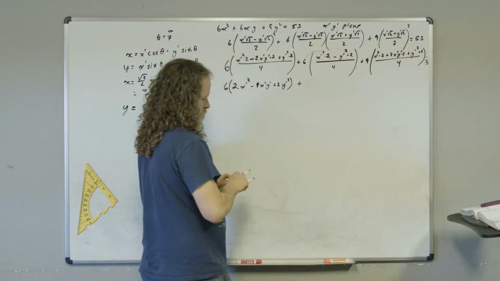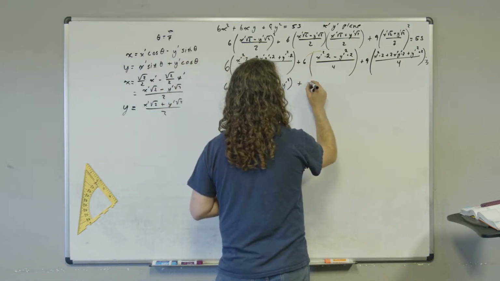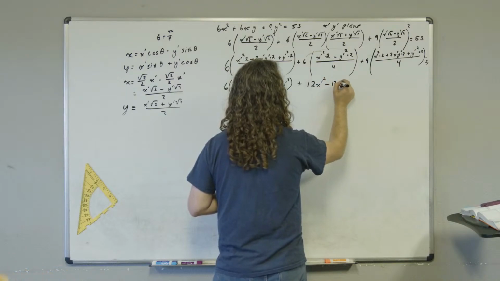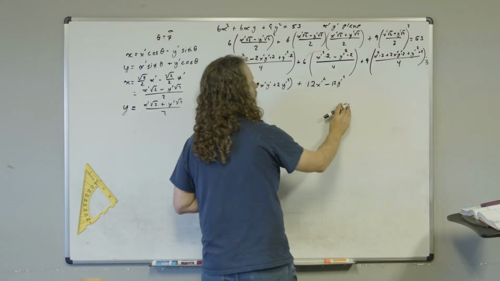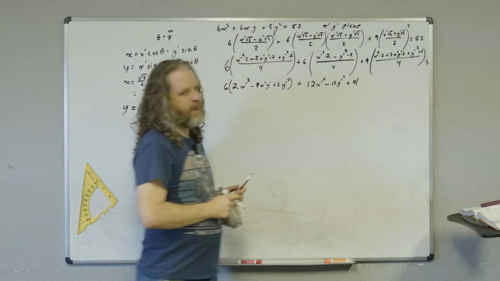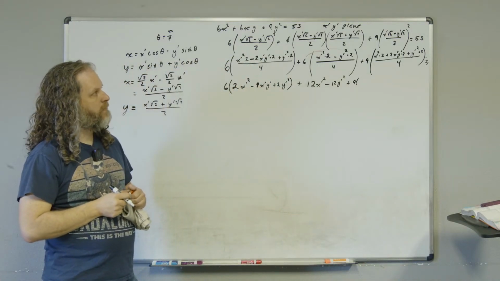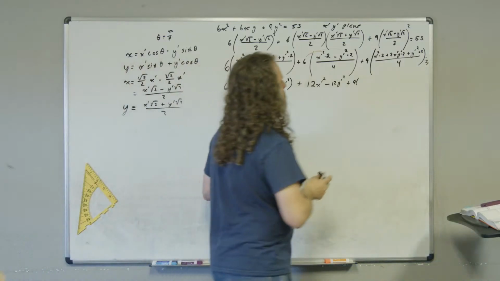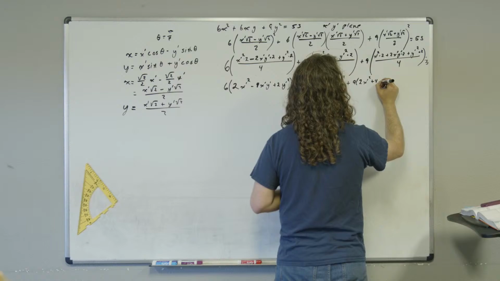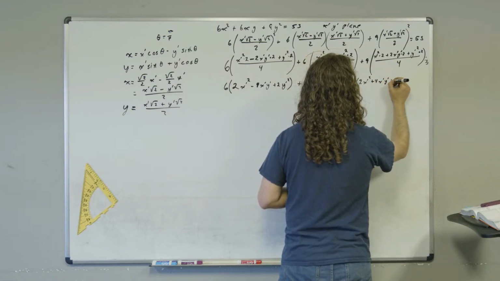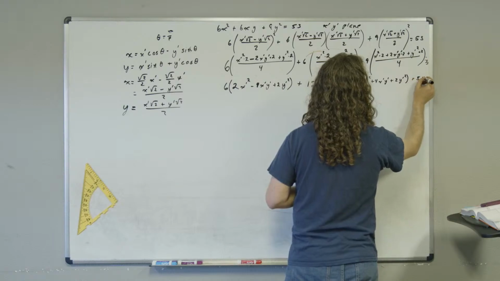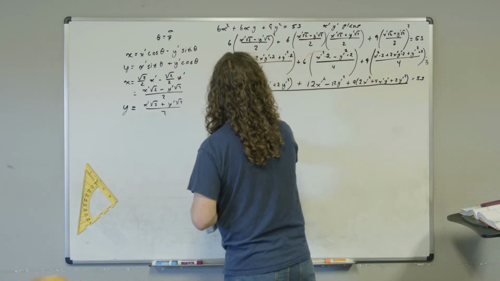This and this. 6 times 2 is 12, so plus 12x prime squared minus 12y prime squared, plus 9 times 2x prime squared plus 4x prime y prime plus 2y prime squared. 53, and all of this is over 4.